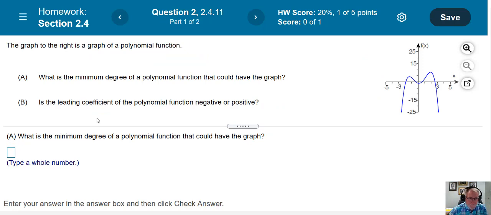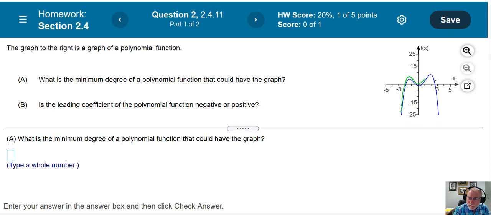Question number 2, the A part, asks about the degree of the polynomial that would give us the graph on the right side. And again, watch the lesson video if you don't know what they're talking about. But for this one, we see the graph coming up and curving 1, 2, 3 times.